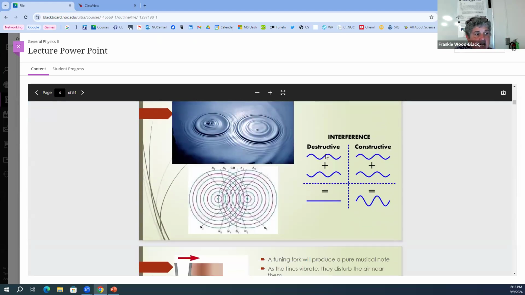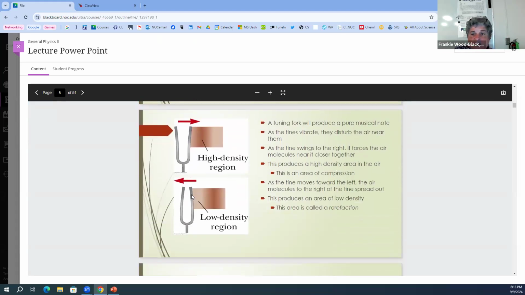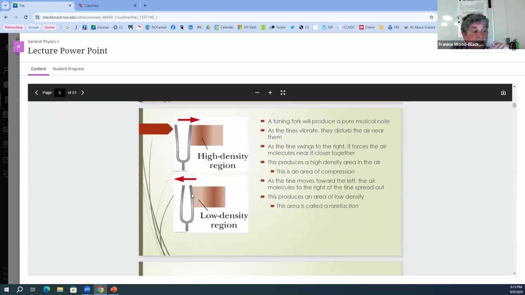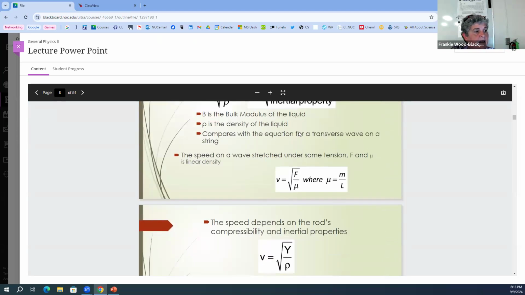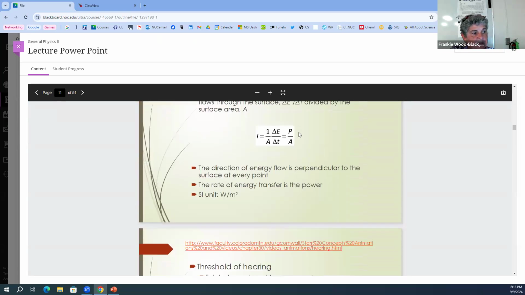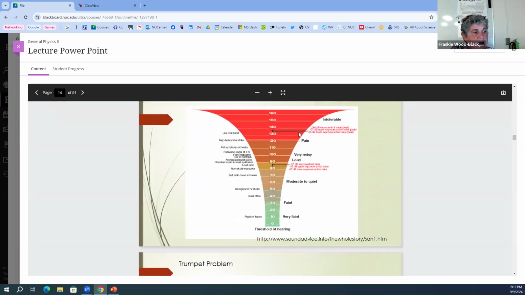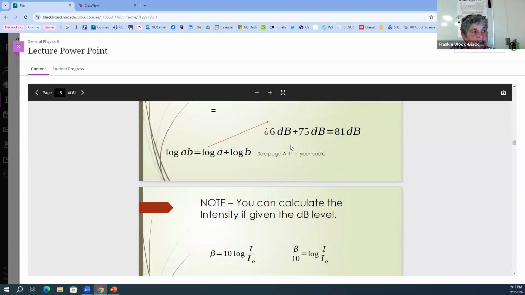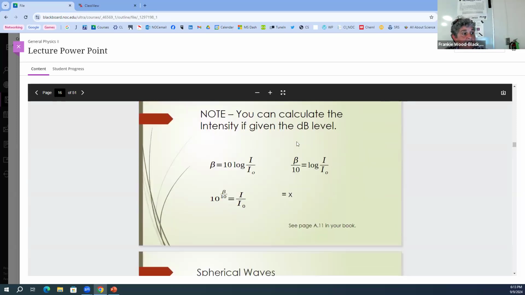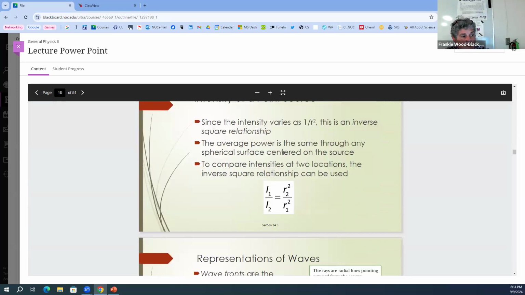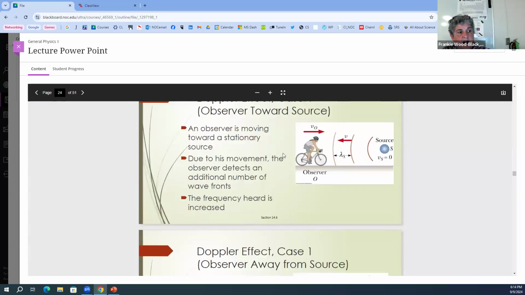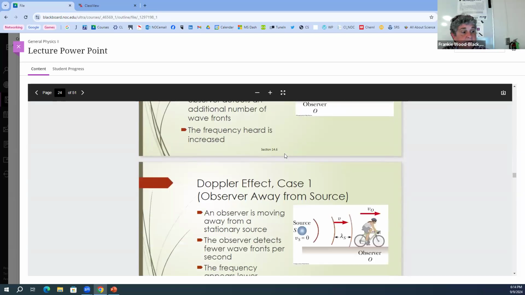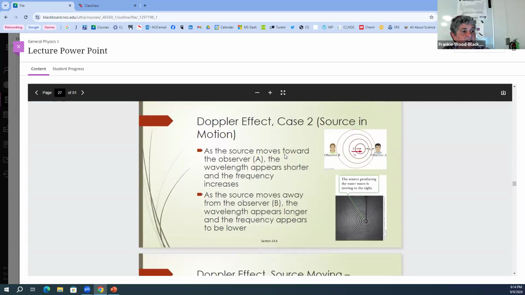It talks about interference, constructive and destructive, shows a little bit more of the rarefaction that you get, and links you to various things that hit some of those same points, but in a little less detail. This one actually shows the calculations of doing our decibels, looking at our point source. So it's just another way to look at the material. Talking about the Doppler effect, I have different pictures and different equations.